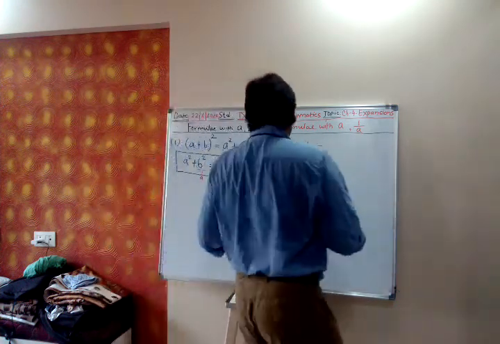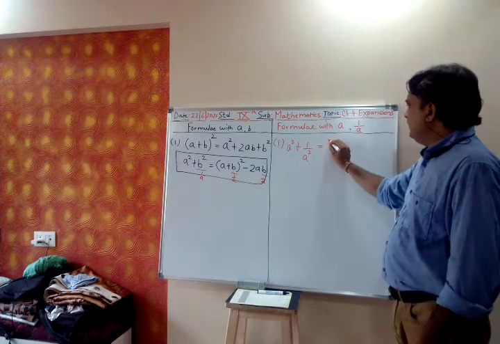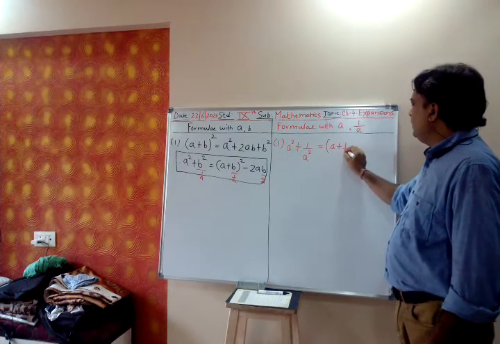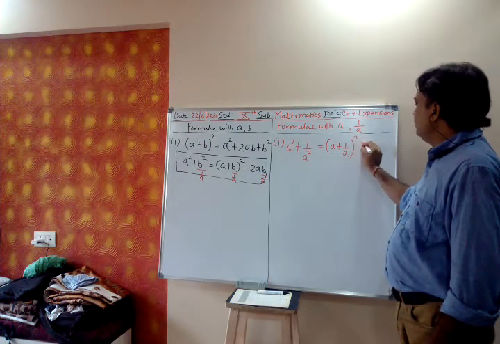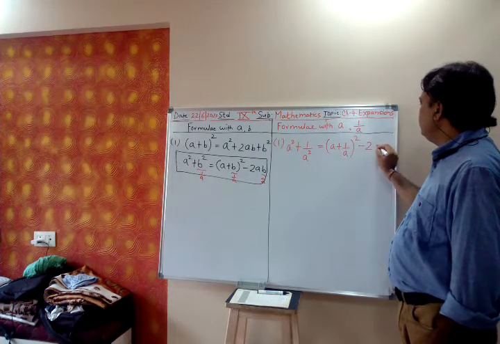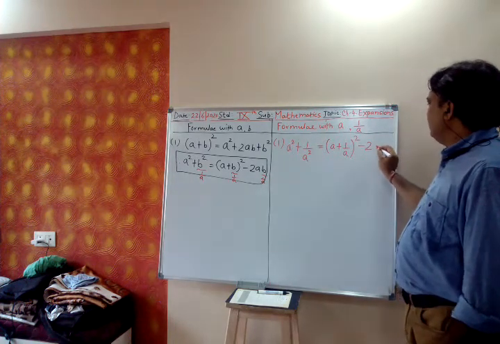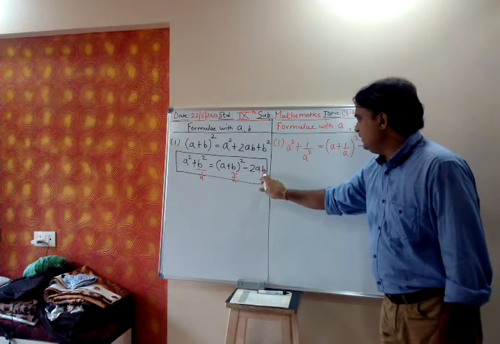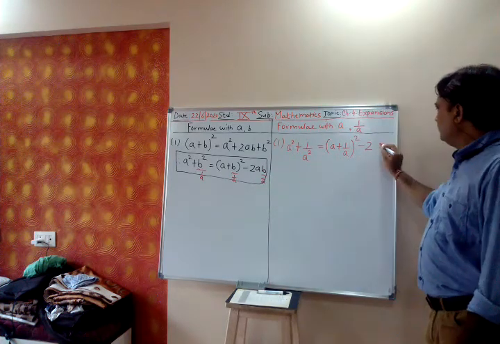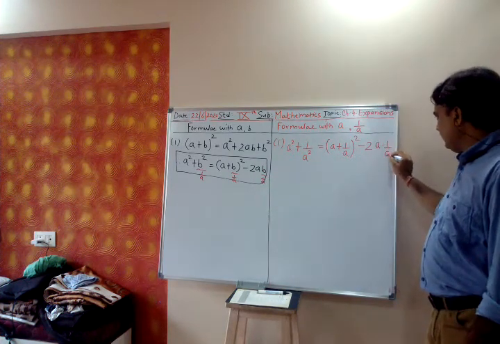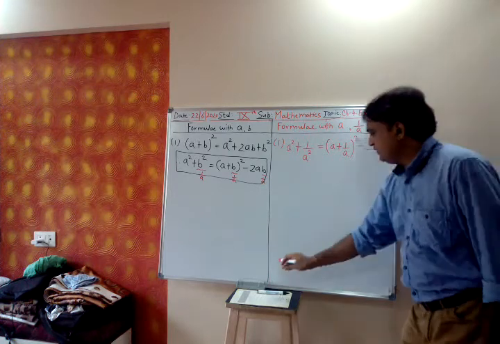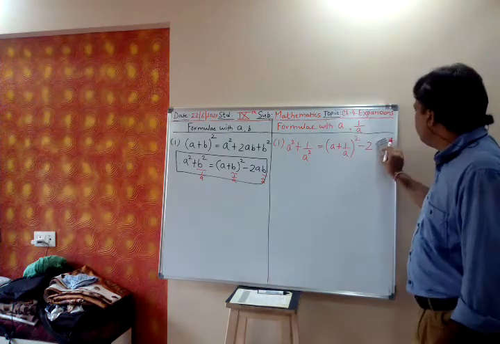So a square plus 1 upon a square is a plus 1 upon a whole square minus 2 into a into b. What is a into b? The a's get cancelled, so this is 2 only. So I will write directly minus 2.